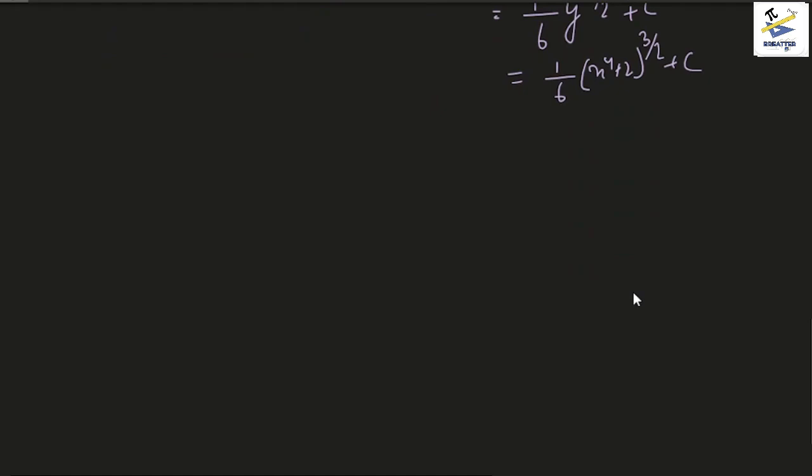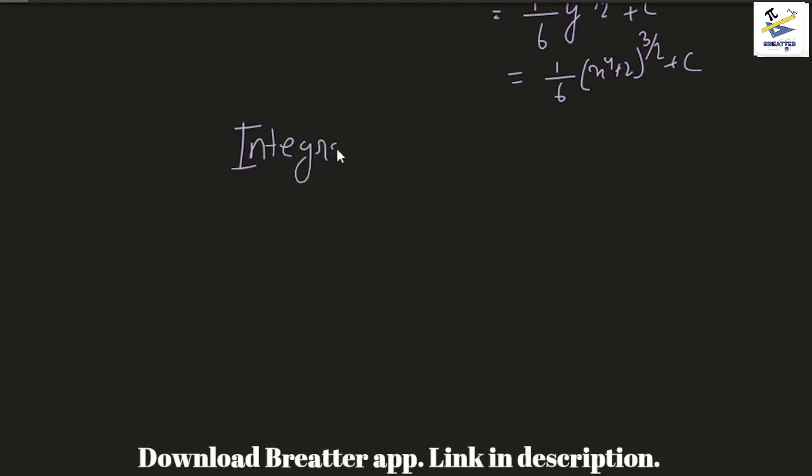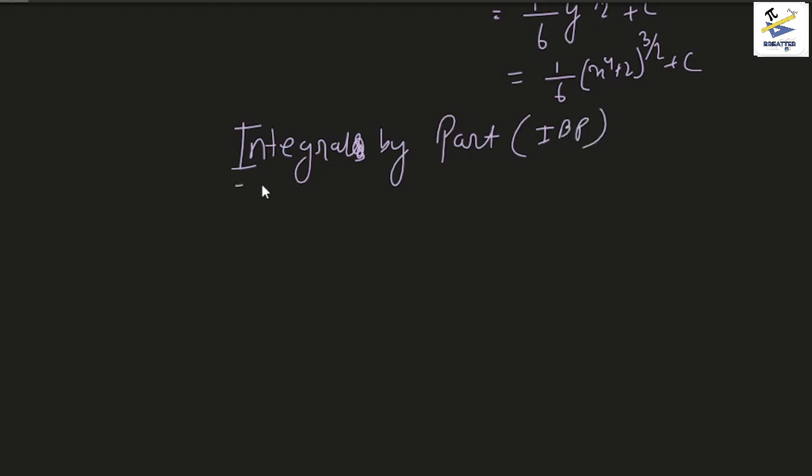So let me introduce you to a new concept, integration by parts, and then we can continue solving problems which are mixed from both sections. Integration by parts, also known as IBP in short.